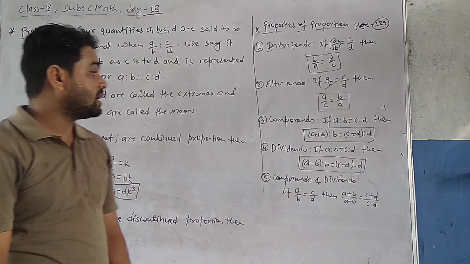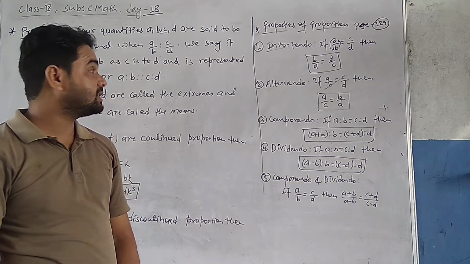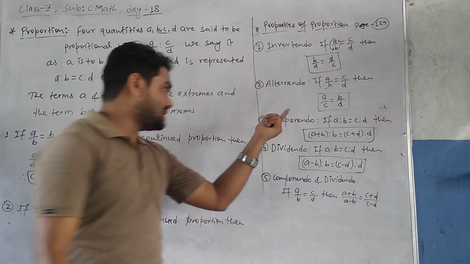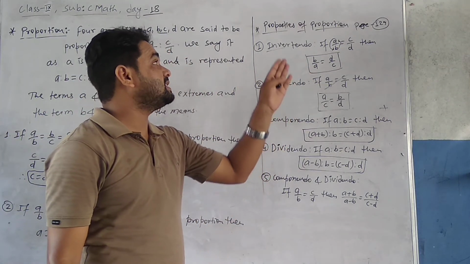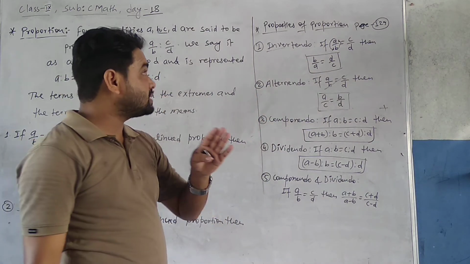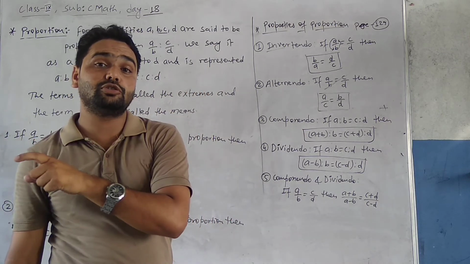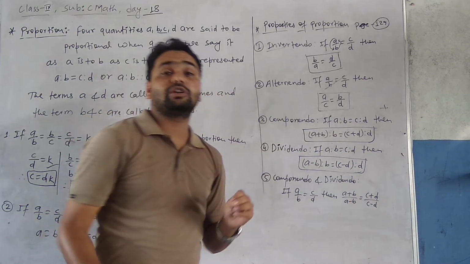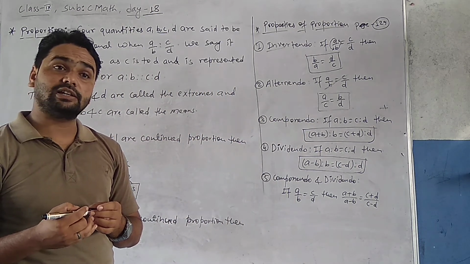I am not going to ask the proof in the exam, but for the 1 mark type it is said like this: if A, B, C and D are in proportion, then find the invertendo or alternando or componendo property like this, for the 1 mark type question. It is going to be asked, yes or no?